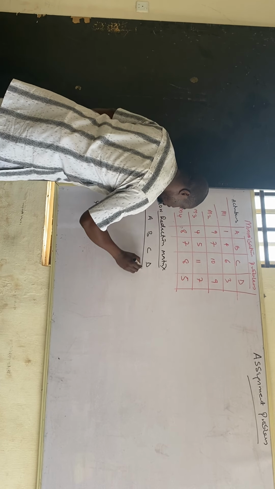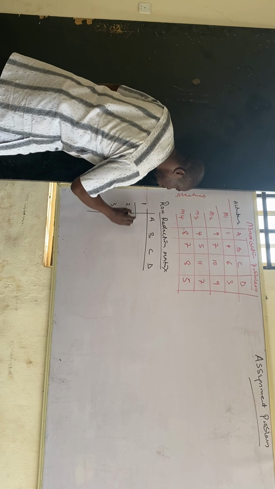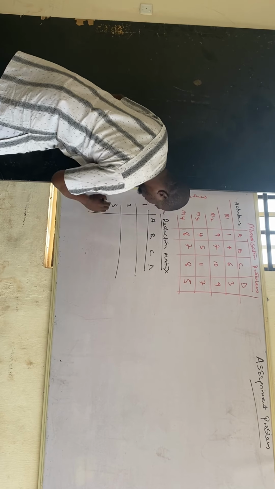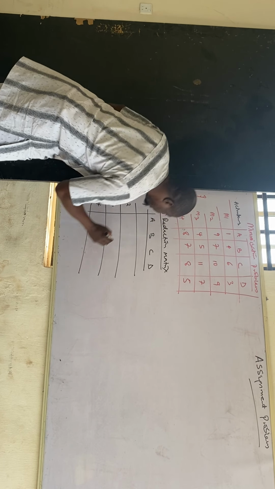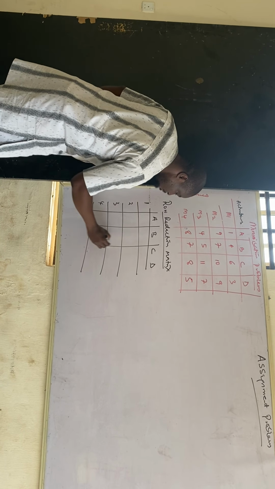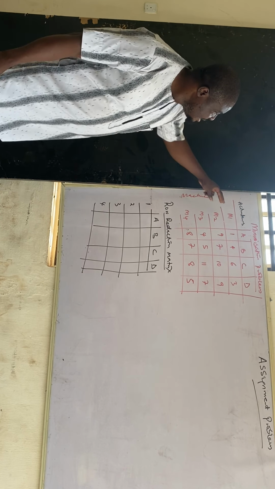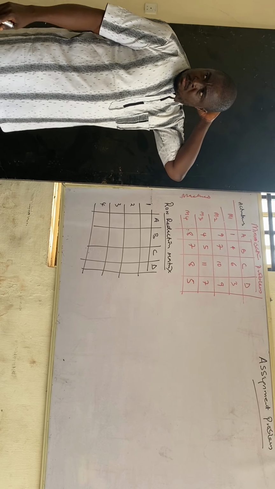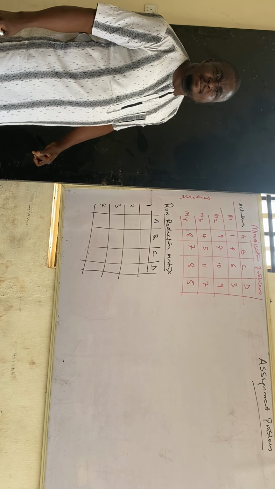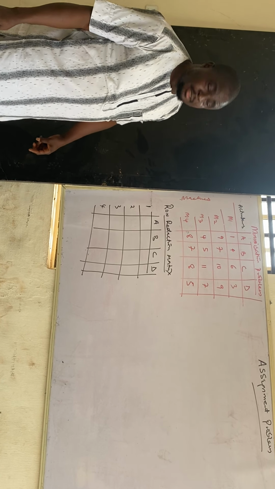To get a row reduction matrix, the rule says identify the least element in each row and subtract it from all elements, including itself.